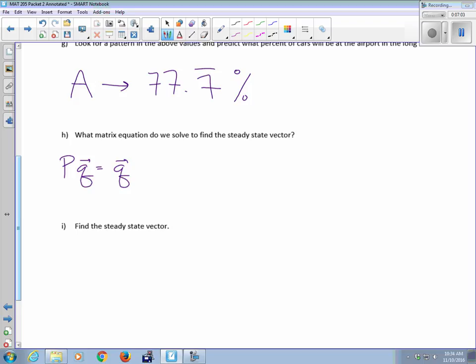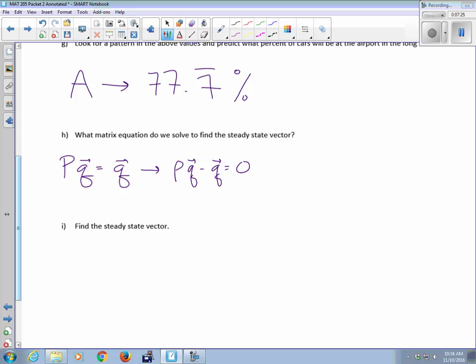So to solve this matrix equation, I'm going to subtract Q from both sides so that I have PQ minus Q equals 0. Because I want to use the tools of linear algebra where I would augment the right-hand side with constants. Right now I have variables on the right-hand side, so I'm moving everything over.